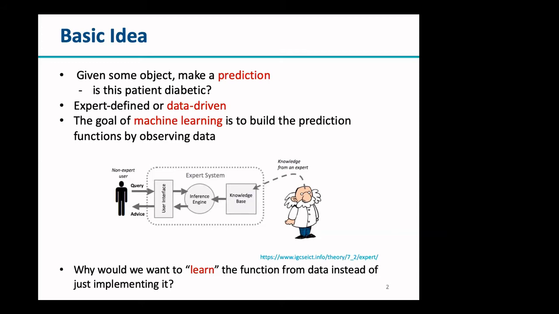And machine learning techniques are data-driven models. The goal of machine learning is to build the prediction function. If you want to predict something in your research areas, the goal of machine learning is to do this prediction by building some functions. How can we build these functions?